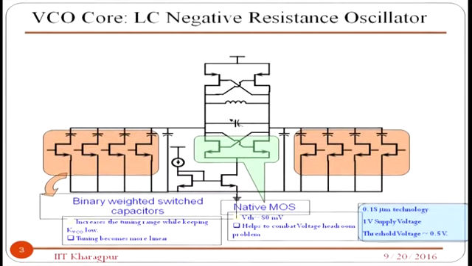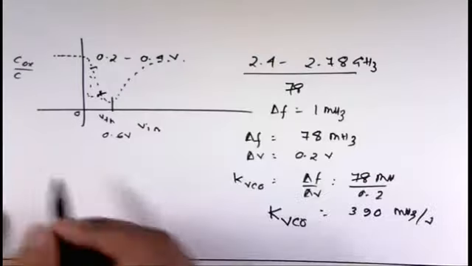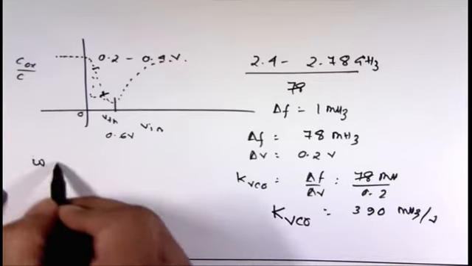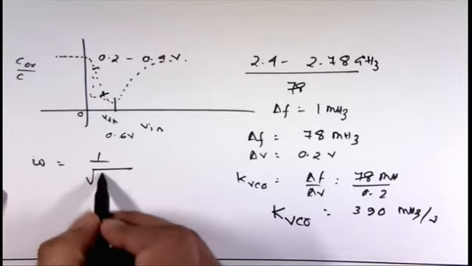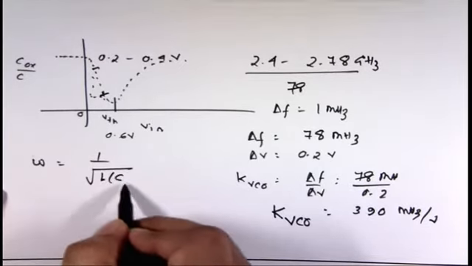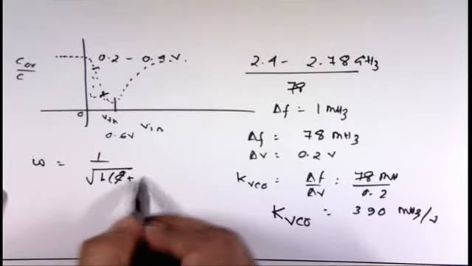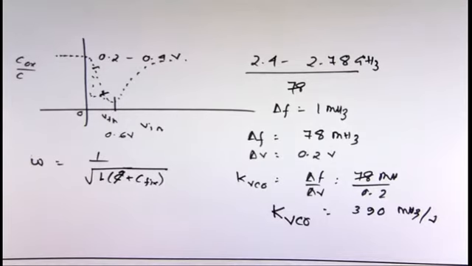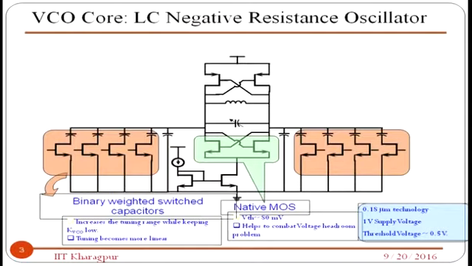So in that case, what will happen? In your expression you have omega equal to 1 by root over of L times (C variable plus C fixed). So these fixed capacitances are provided by those capacitors, and you can select the band.